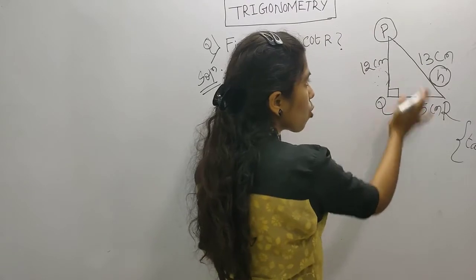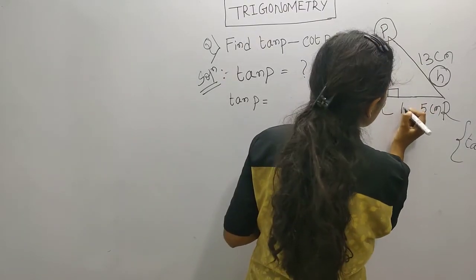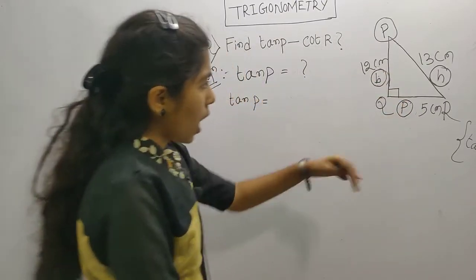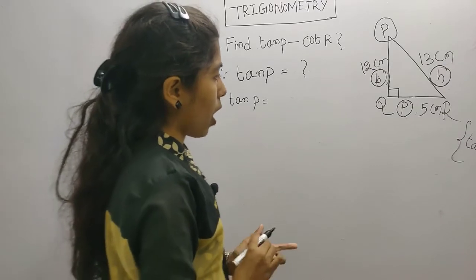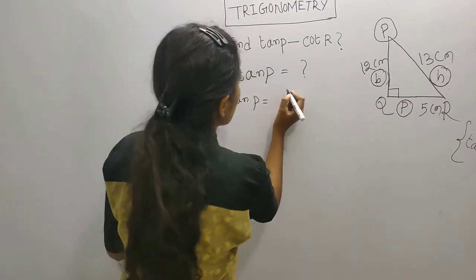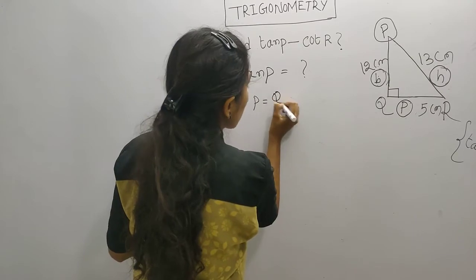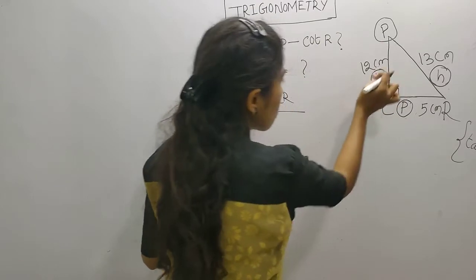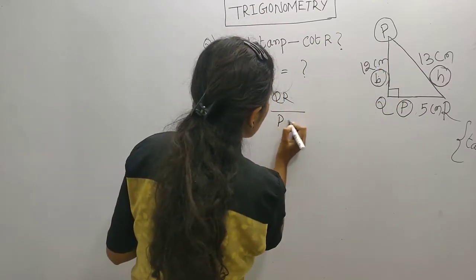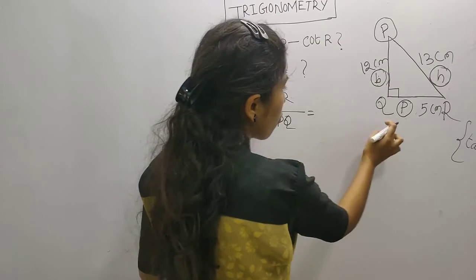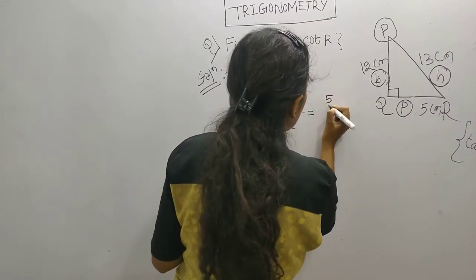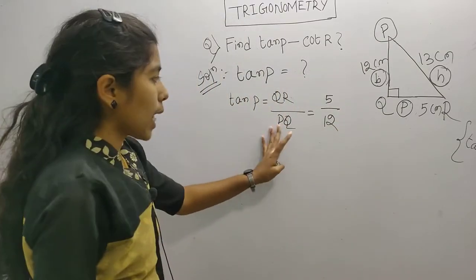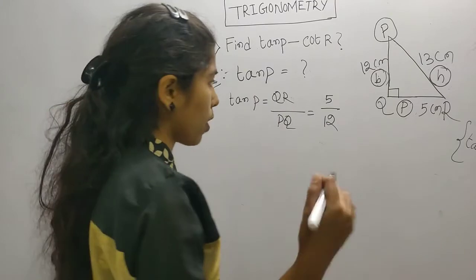QR, because it's the opposite side of angle P. So this will be the perpendicular and this will be the base, right? Hypotenuse is the same. So tan P equals perpendicular QR by base PQ. QR is 5 by PQ, which is 12. So we got tan P equals 5 by 12.